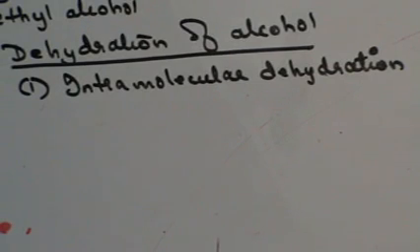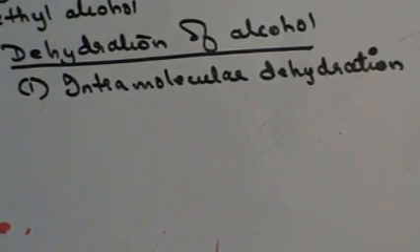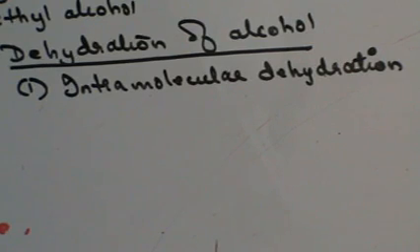Now, elimination of a water molecule is dehydration. So, let's see how we do intramolecular dehydration. Suppose, let's consider what happens when ethyl alcohol is treated with 95% sulfuric acid.